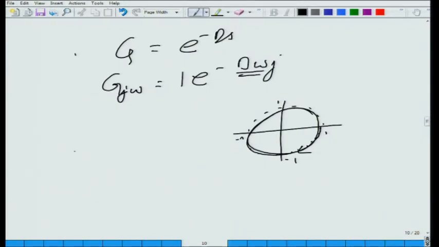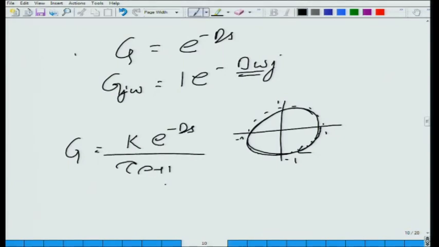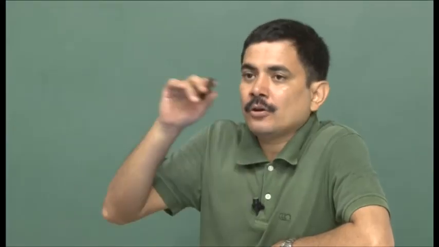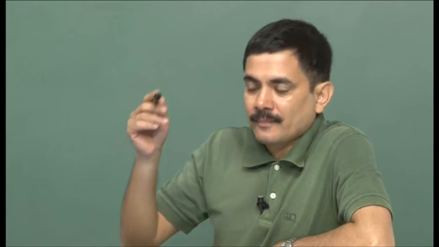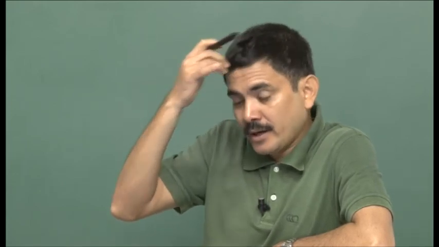Okay. Now, let us say you have g equal to first order plus dead time. What would the Nyquist plot look like? The lag will force the magnitude to 0 as omega goes large. The dead time will cause the angle to keep decreasing, becoming more and more negative.